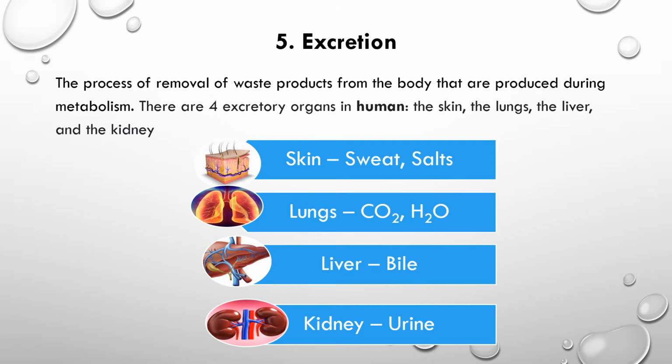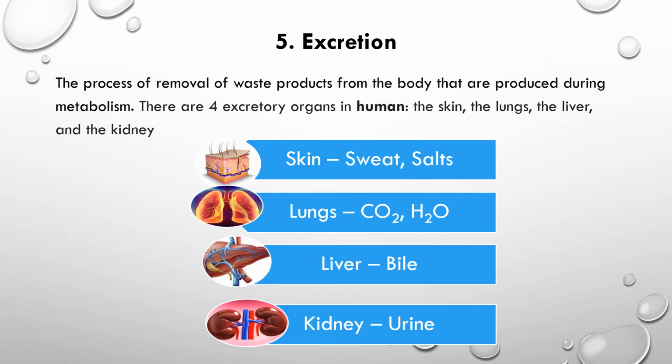When considering the liver, it removes bile products as waste products, and it mainly contains ammonium waste. And when considering kidney, it removes urine as the waste product, and urine contains urea, water and salt. So these are the main excretory organs in humans and the excretory products.